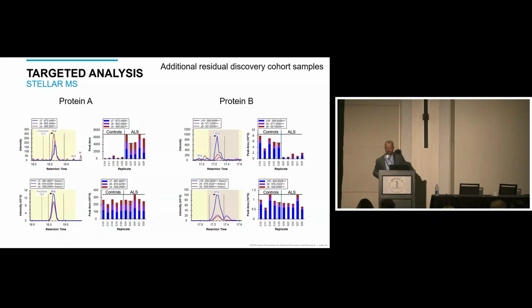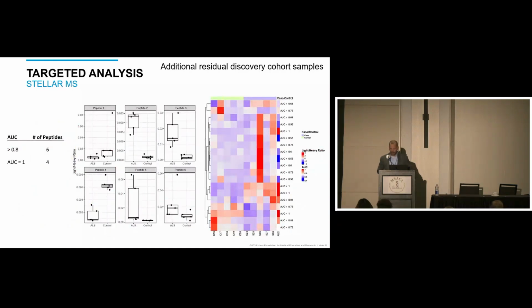We're seeing, I would call, much more robust signal, many more points across the peak, and good signal to noise. So this is promising. And then when we ran this analysis on all of them, we're getting more signal from more of the peptides. For the peptide targets that we're monitoring, some had complete discrimination between the cases and controls.